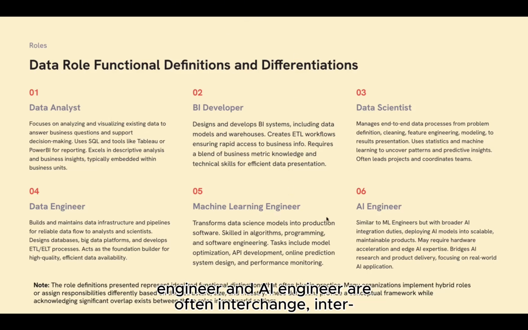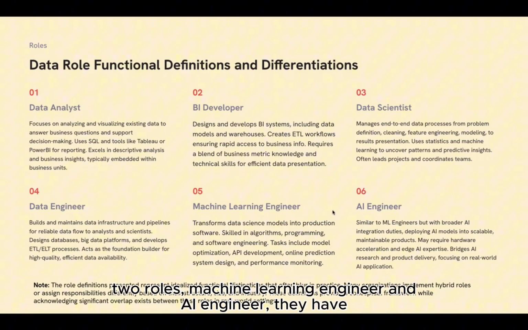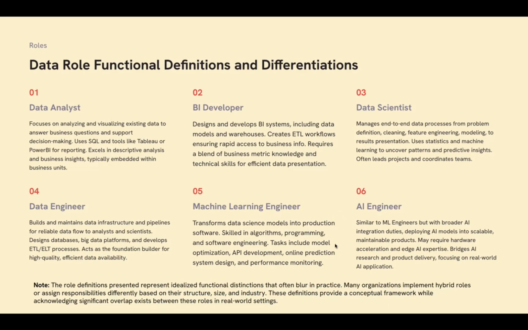Machine learning engineer and AI engineer are often interchangeable in general. Machine learning operations focus on DevOps and monitoring. Here, I didn't include MLOps, but I want to mention that sometimes these two roles, machine learning engineer and AI engineer, have responsibilities in DevOps and monitoring.